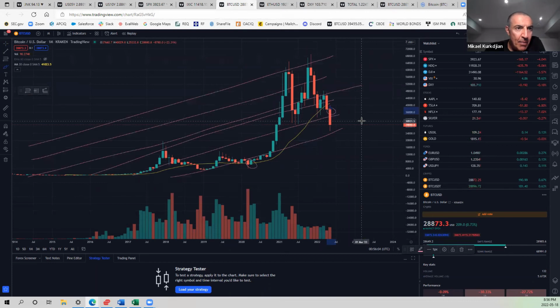This was the 20-month moving average. Since we're now seeing more retail holding on to Bitcoin, what Rekt Capital was saying is that since we are basically below this moving average, we are going to be in a bear cycle.